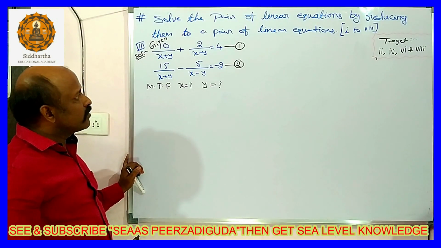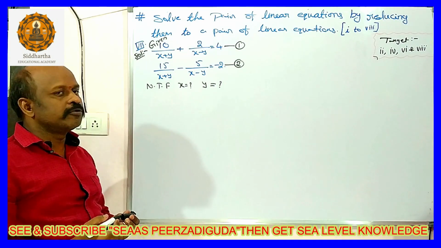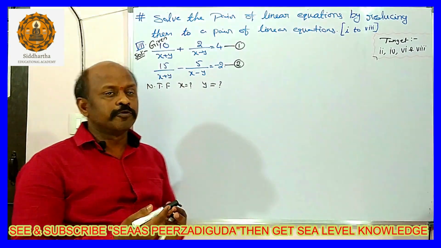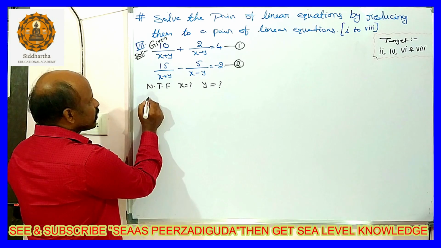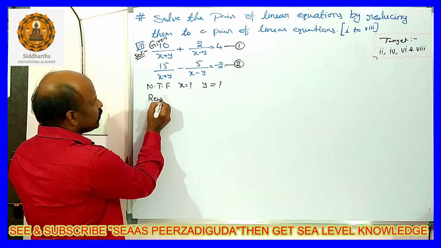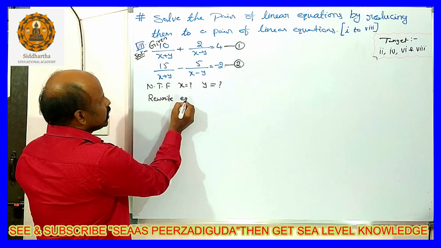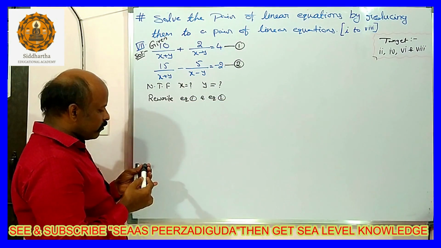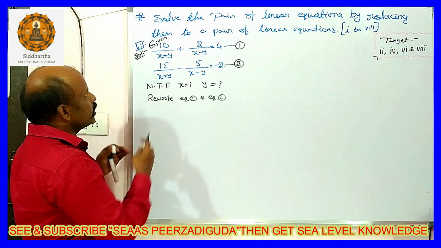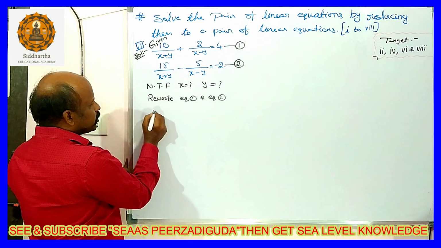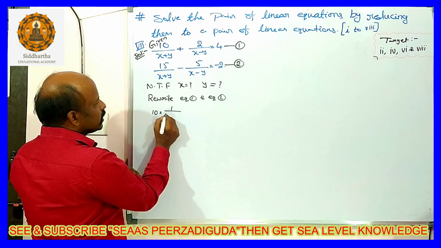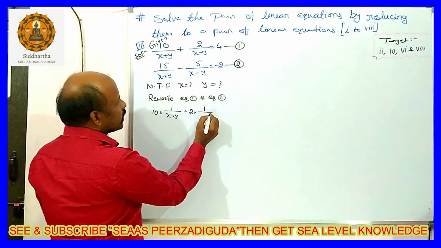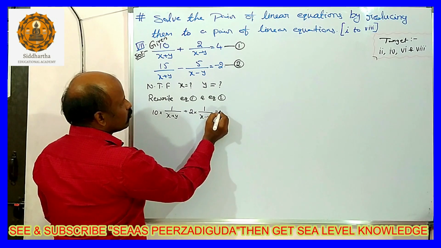So for finding the values of x and y, first we have to rewrite equation number 1 and equation number 2. Now you observe over here, rewrite. So here I am going to write 10 into 1 by x plus y plus 2 into 1 by x minus y is equal to 4.